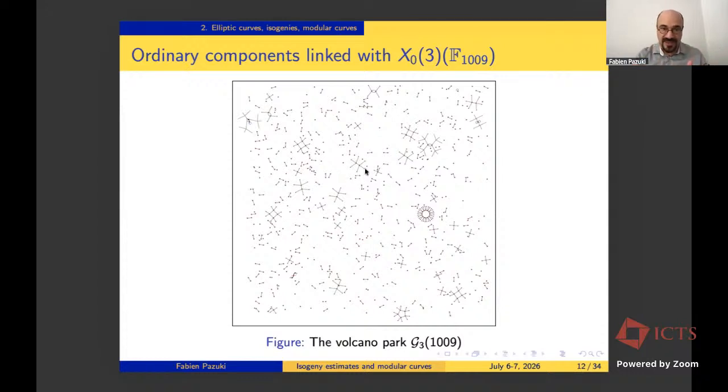So all these points correspond to points on the modular curve X_0(3). X_0(3) is here to detect: can I find a couple of elliptic curves with a 3-isogeny? And this data says yes.